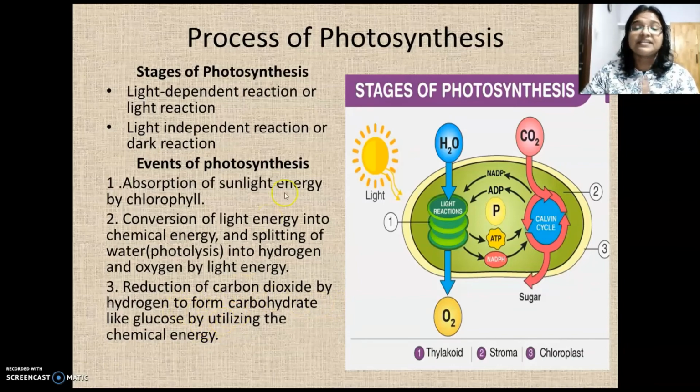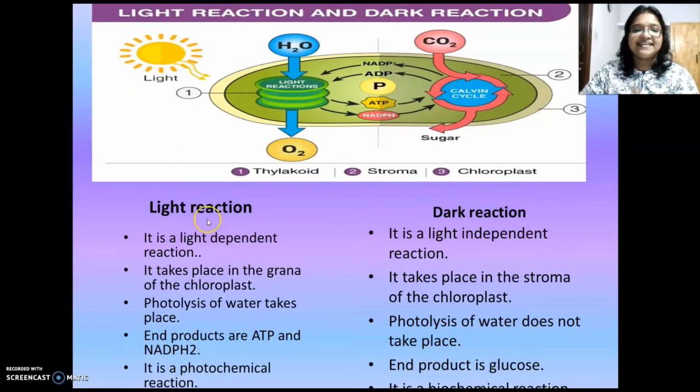Is it clear? The first two steps occur during light reaction, which takes place in the granum, because chlorophyll molecules are present inside the thylakoids of the granum, whereas dark reaction takes place in the stroma of the chloroplast. Is it clear?